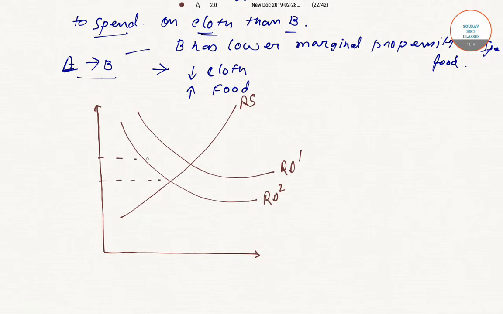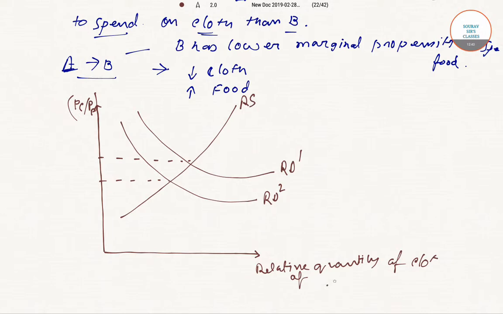Accordingly we get the relative price of cloth, because we measure the relative price of cloth on the vertical axis, and the relative quantity of cloth, which is basically given by QC plus QC star by QF plus QF star. So it looks like this.